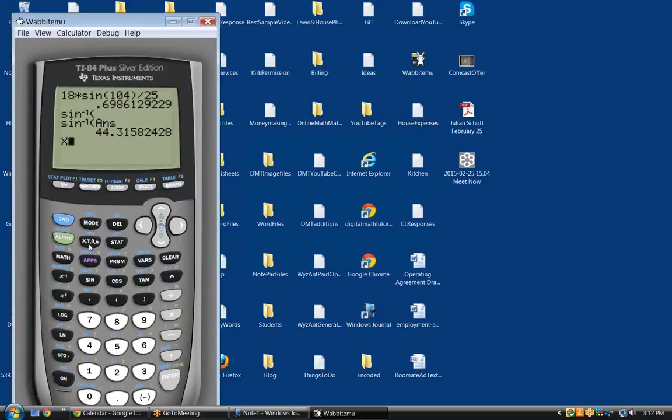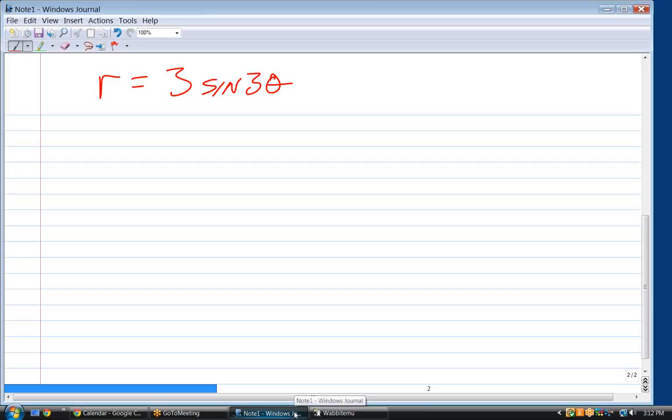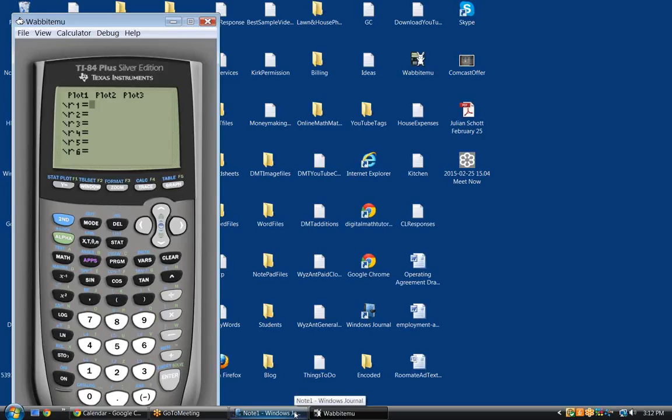Well, let's see. We want to put it in polar, right? Yeah. So let's see, if I go down to that and go to the right, that's polar. And then we want to define r equals 3 sine of theta, or rather r.